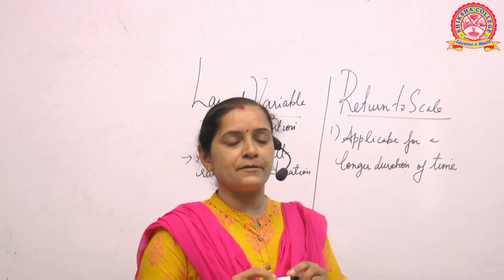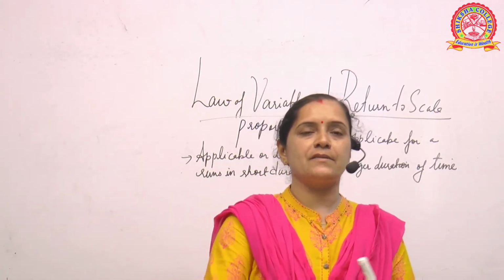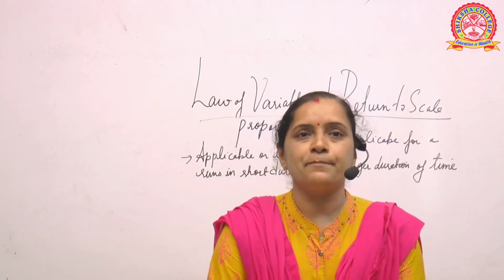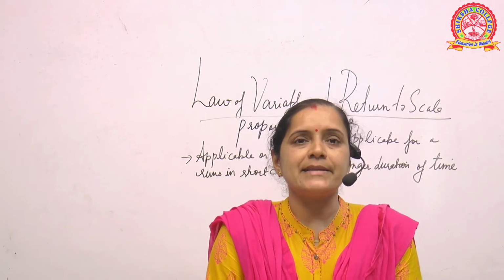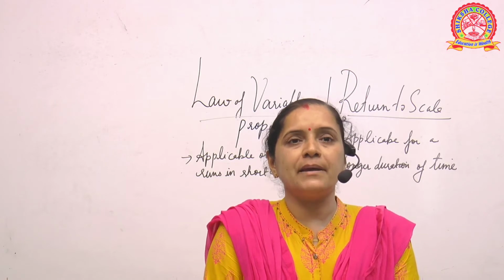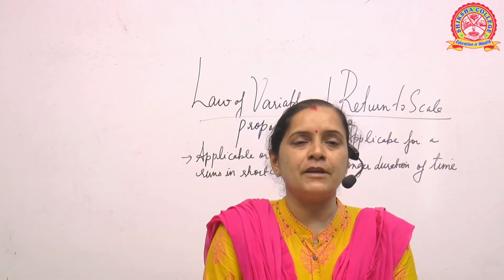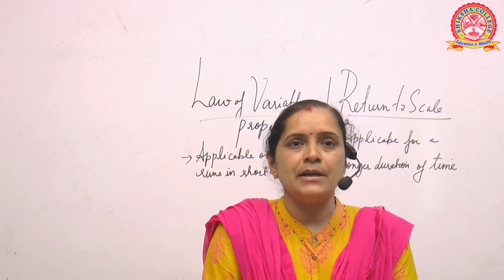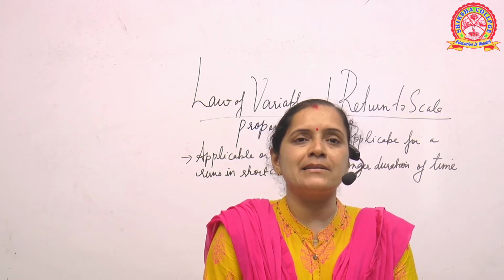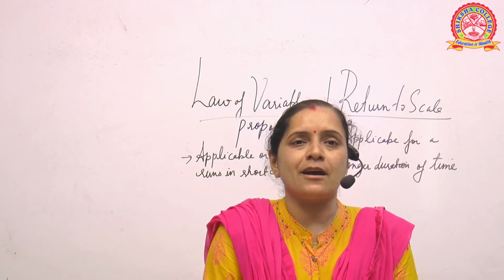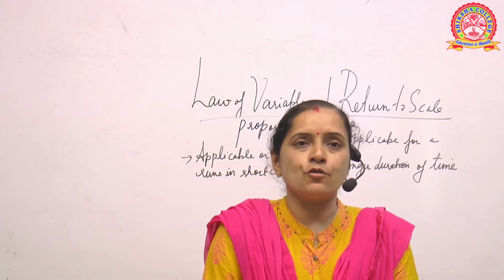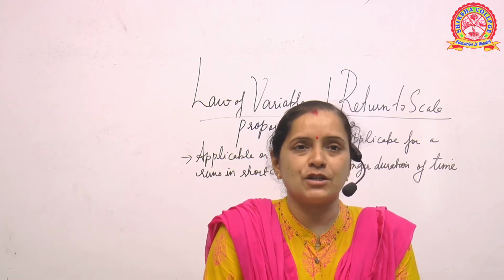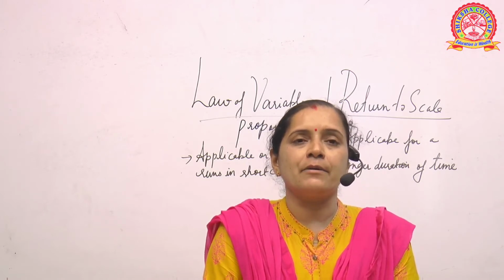So the first difference between the law of variable proportion and returns to scale is that the law of variable proportion, which explains that the output can be changed if there is a proportional change in input, is more suitable for those establishments, business processes or production areas where we are talking about a short period.